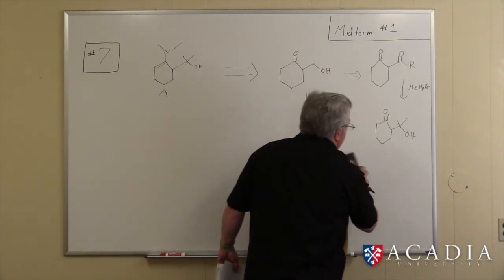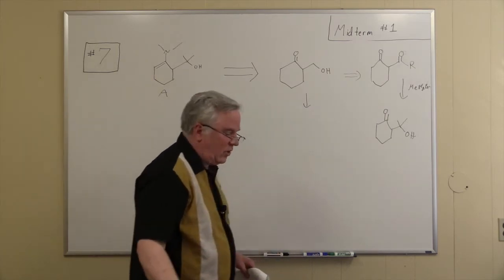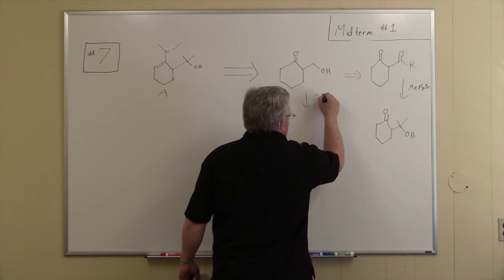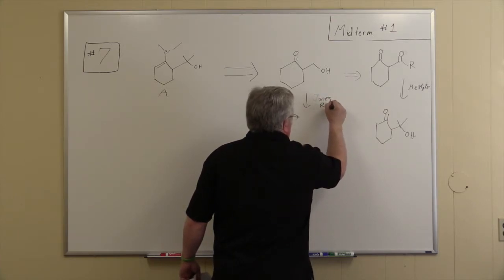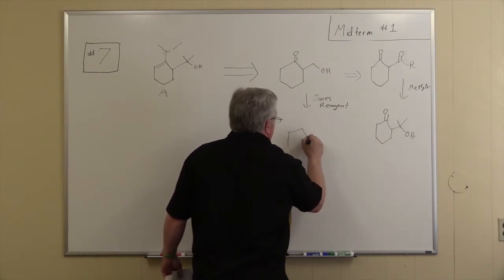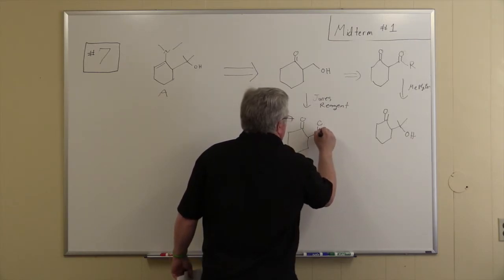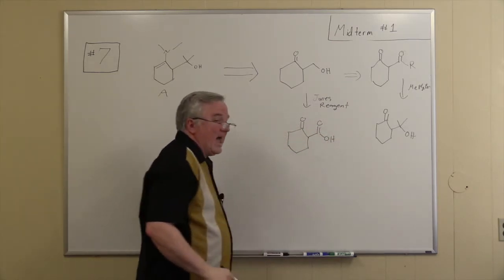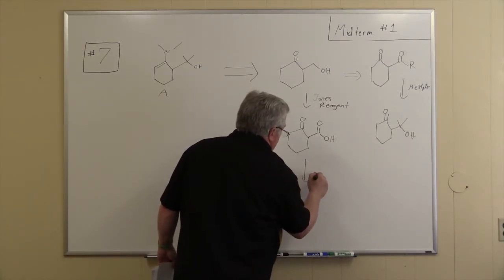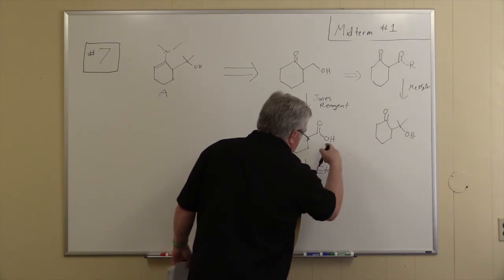So let's think about that a little more. What else can we do? Well, what if we react this with Jones reagent or some other strong oxidant? And we get the carboxylic acid. We can now react that carboxylic acid with something like ethanol and make the ester.